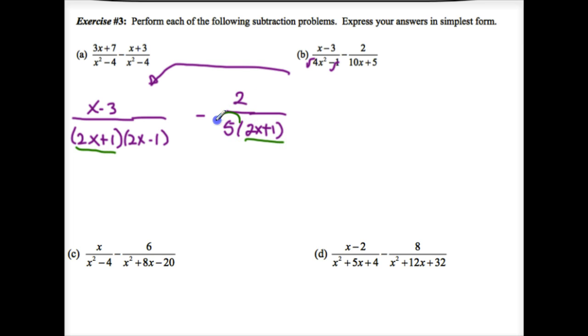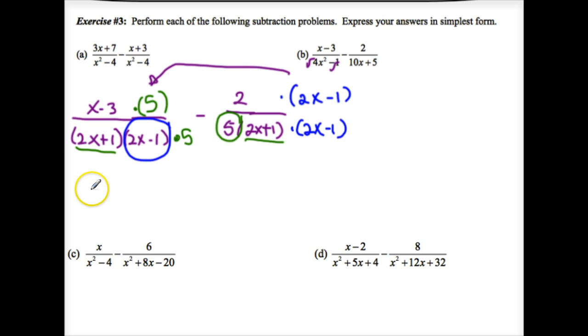What's left over on this side? It's a 5. So we're going to take this 5 and multiply it on everything on this side. Then what's left over on this side? We have a 2x minus 1. So we're going to multiply by 2x minus 1 on the top and on the bottom.